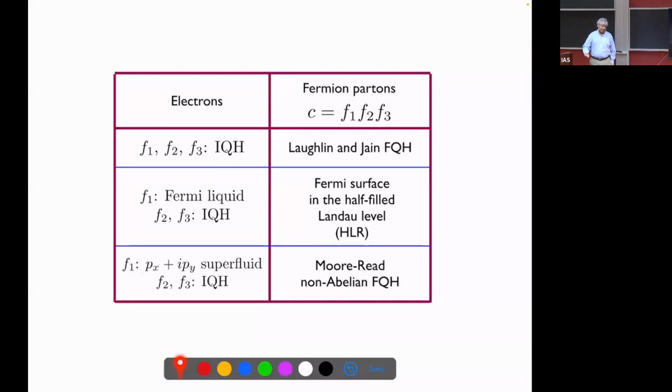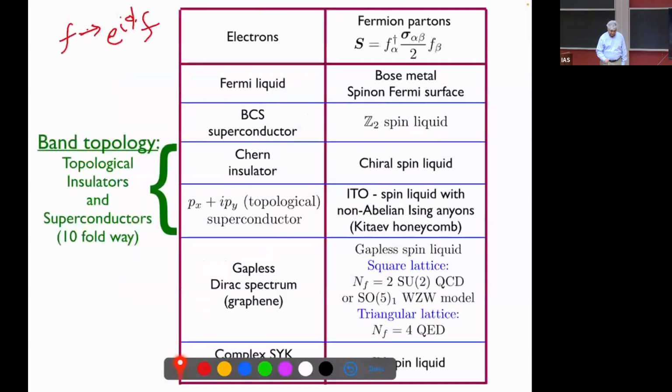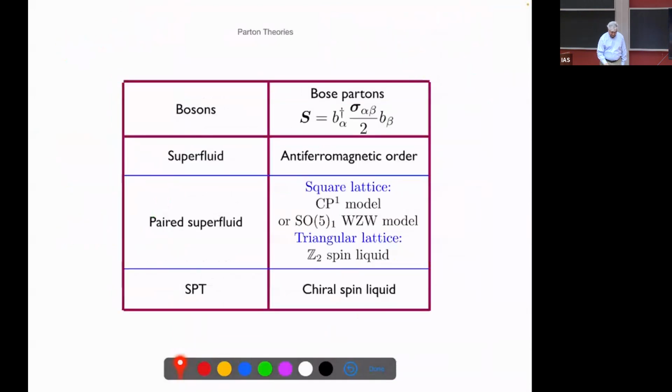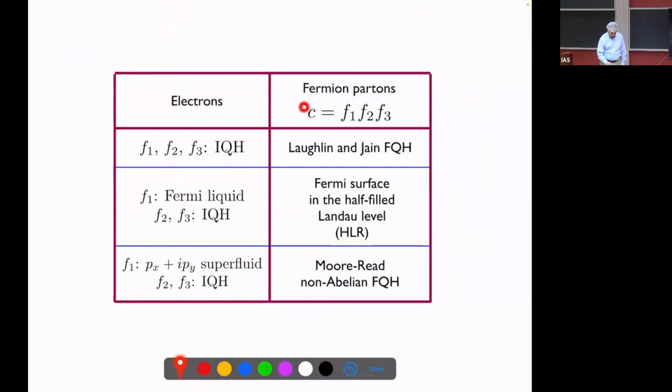Okay, so how do we get fractional quantum Hall states? Well, to get essentially almost all the observed fractional quantum Hall states, what you do is you take your electron. Previously, we were fractionalizing spin operators. Now we're going to fractionalize the electron operator itself. I'm ignoring spin because that's an additional complication that could be important in some cases.